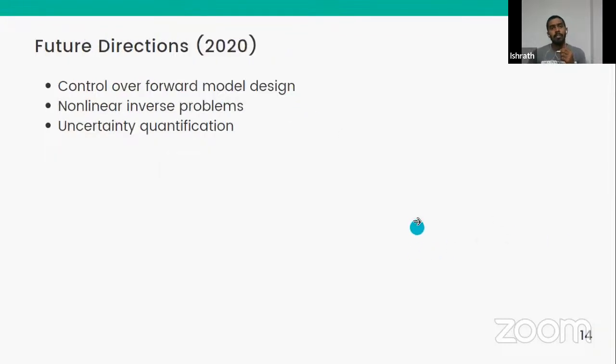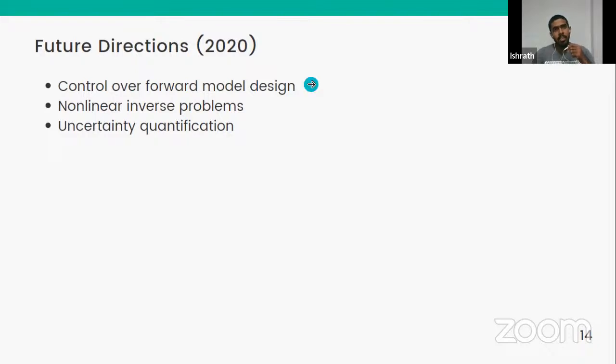And finally, this is the paper published in 2020, so these are the future directions they mentioned at that time. The first one is control over the forward model design. In all the papers mentioned in this review paper, the forward model design is fixed, based on the physics of the imaging modality.